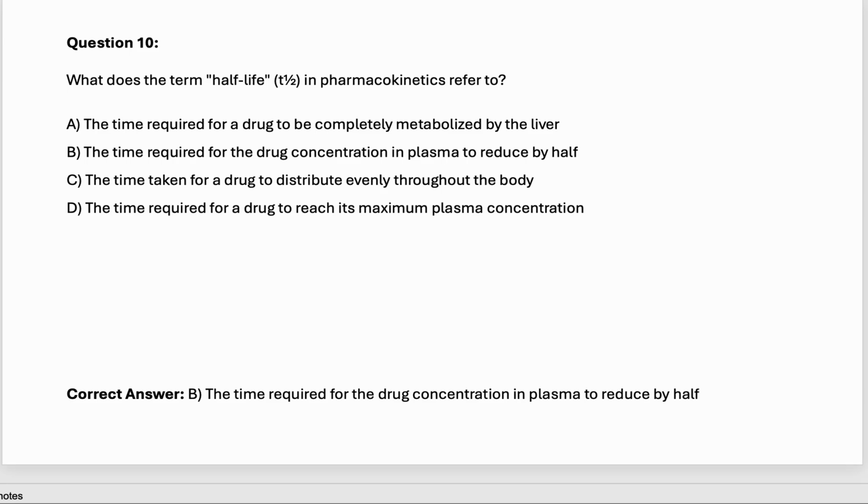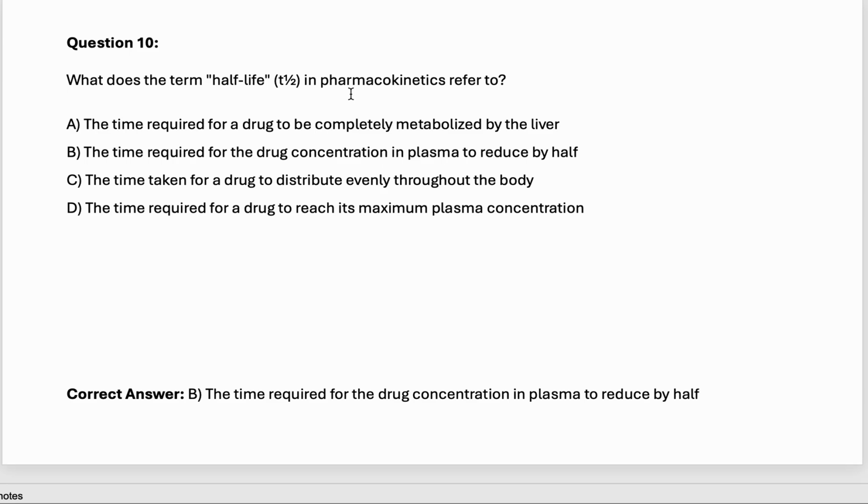What does the term half life in pharmacokinetics refer to? A. The time required for a drug to be completely metabolized by the liver. B. The time required for the drug concentration in plasma to reduce by half. Or C. The time taken for a drug to distribute evenly throughout the body. Or D. The time required for a drug to reach its maximum plasma concentration.